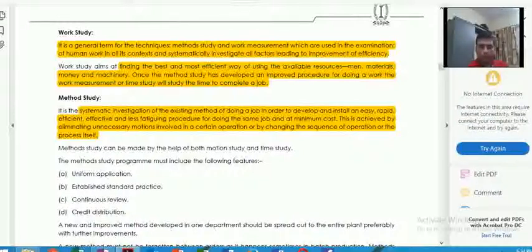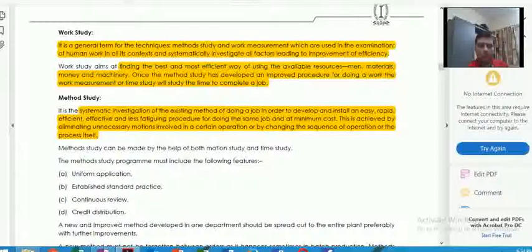Technique means the way in which any work can be done in a more efficient way. The work can be of installing the machinery, of doing a job, of utilizing the available resources, of how to maintain the lowest cost, the work can be of anything. Method study is nothing but the technique study in which the work is carried out.